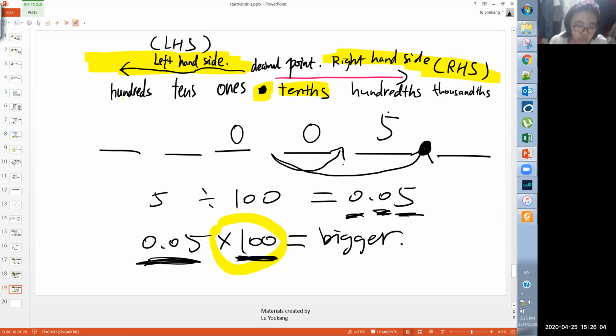So what is this position now? Left hand side of the decimal point, what is this position? What position is your 5?